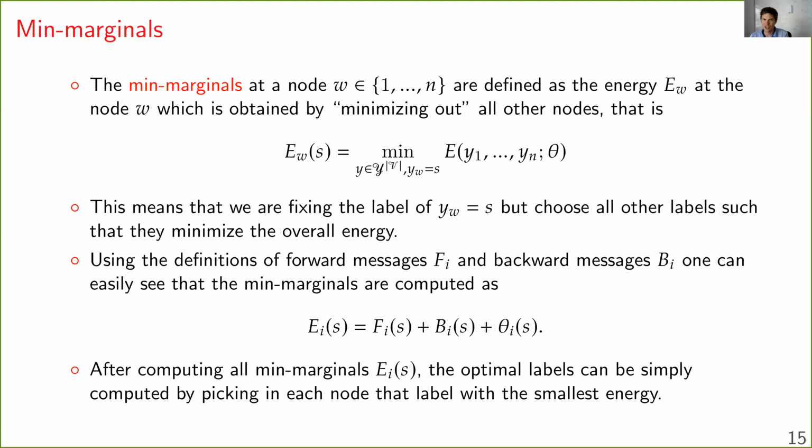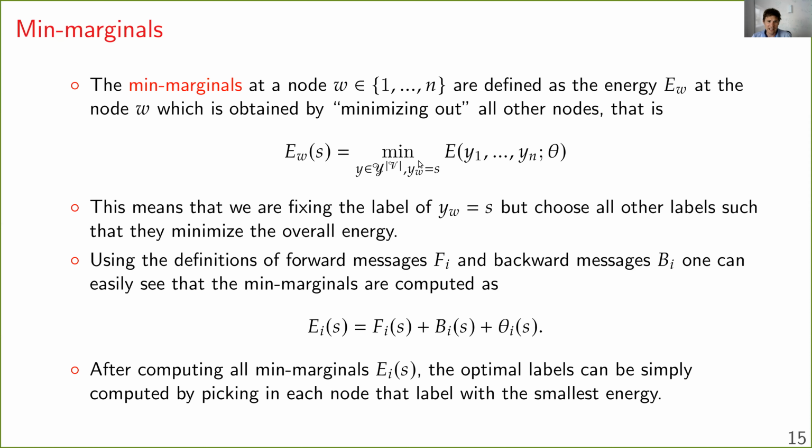And the value of this energy for a particular node, for a particular label in that node, is the so-called min-marginal. So you must consider you take a node, you fix a label, and you force your solution to pass through the label. What is the value of the best or the smallest energy that passes through this certain label in that node?